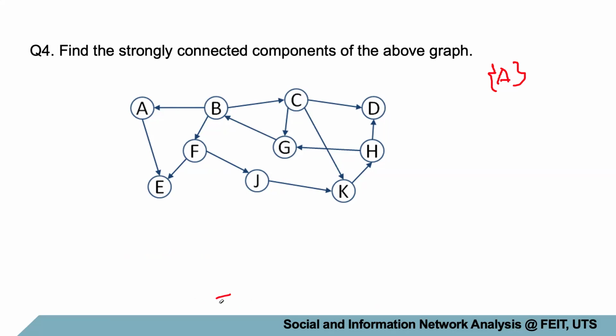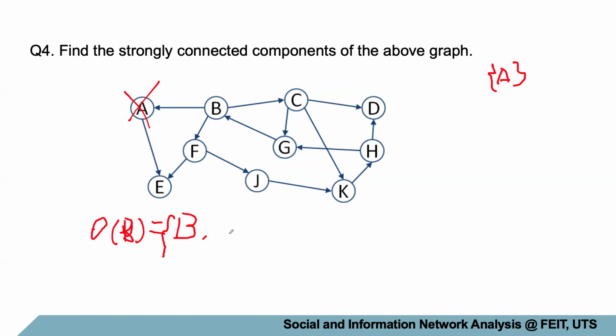Now we consider B. So the out set of B. B can of course go to B itself. We already found A itself is an SCC, so we don't need to consider A again.